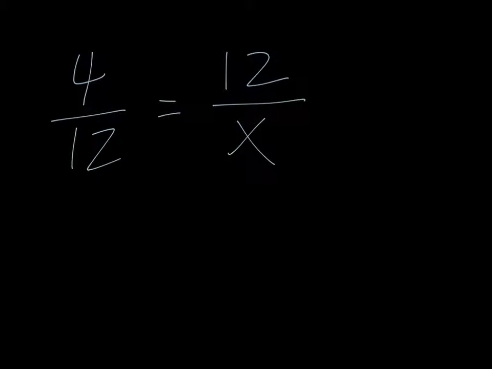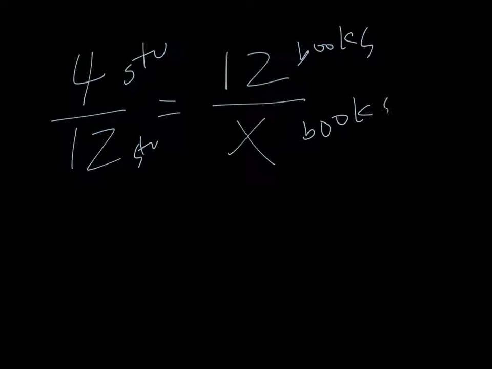Okay. So here I set up our problem for us. 4 students to 12 students, and these are both students, and 12 books to X books. So if 4 students equals 12 books, 12 students equals how many books?